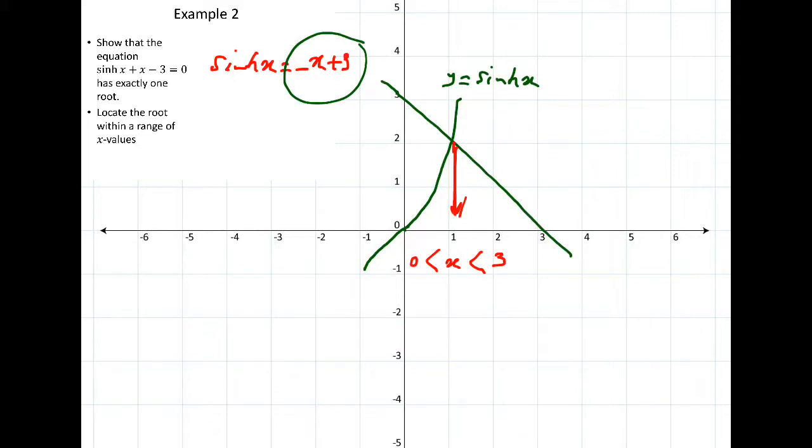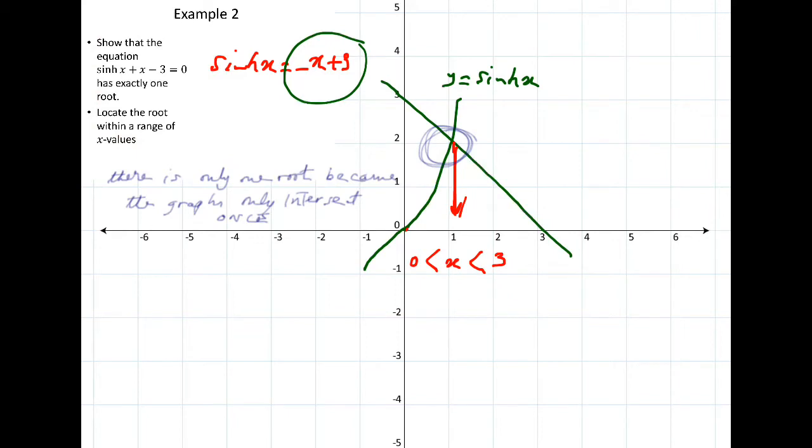There's only one root, because these graphs only intersect at one point. The sinh graph and the straight line only intersect once, and it's somewhere between 0 and 3. That is the solution to example number 2.